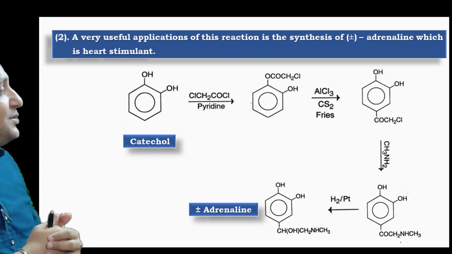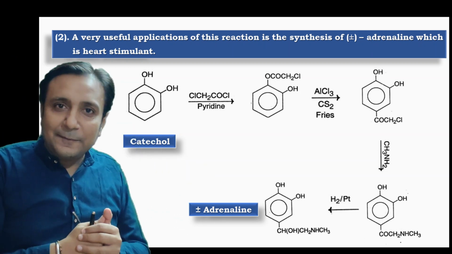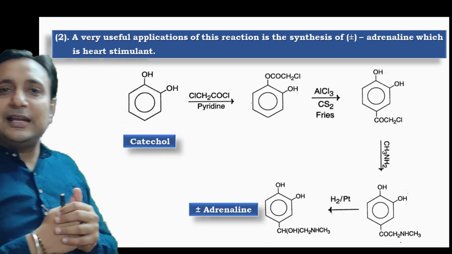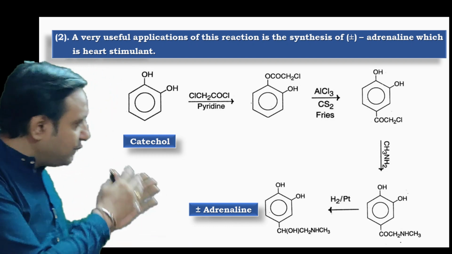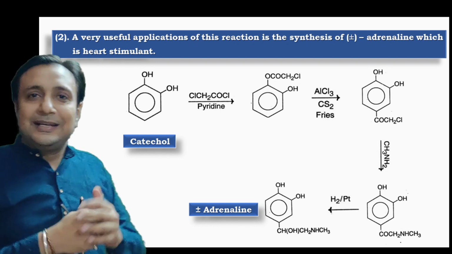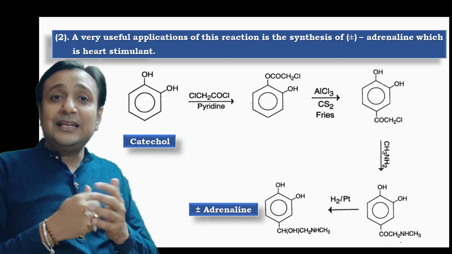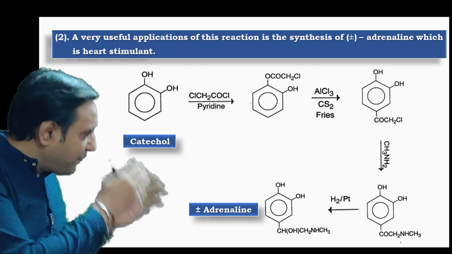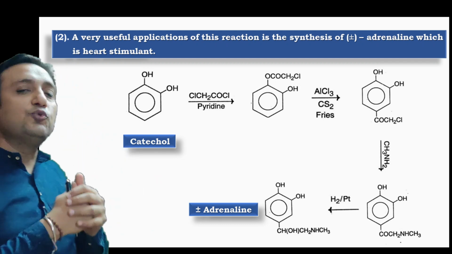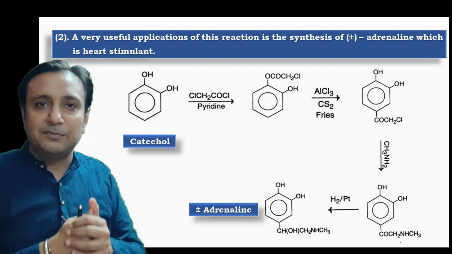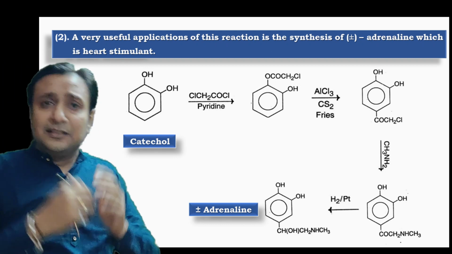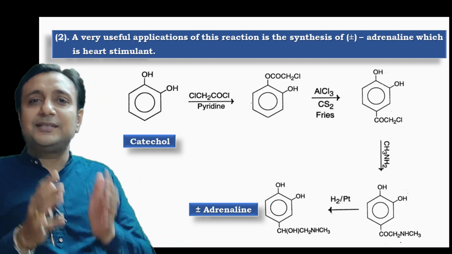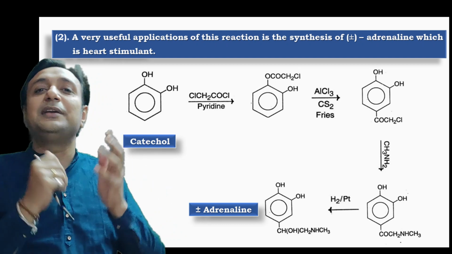When this is reacted with a primary amine, for example methylamine, it is converted into a secondary amine with the ketone group. And finally, when it is reduced in the presence of platinum, it is converted into adrenaline. This is one of the best applications of this rearrangement.